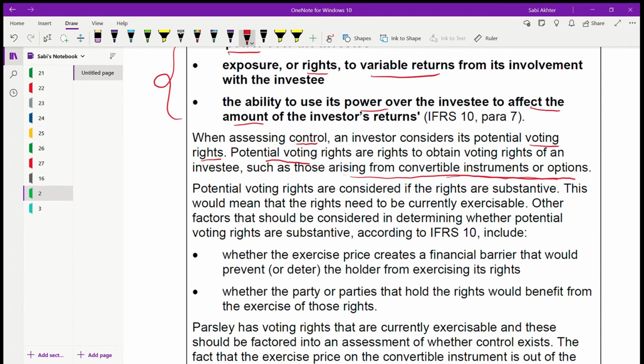Potential voting rights are considered if the rights are substantive. If the rights are substantive, then you consider these rights. This would mean that the rights need to be current, that means they should be currently exercisable. Otherwise, you are not taking the right. So these are some other factors that you have to see apart from being substantive.